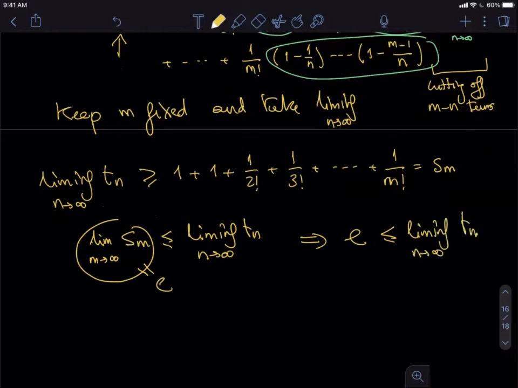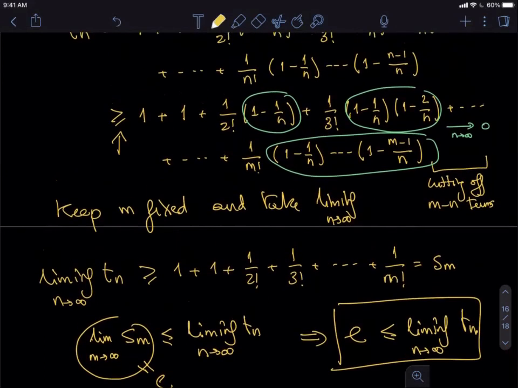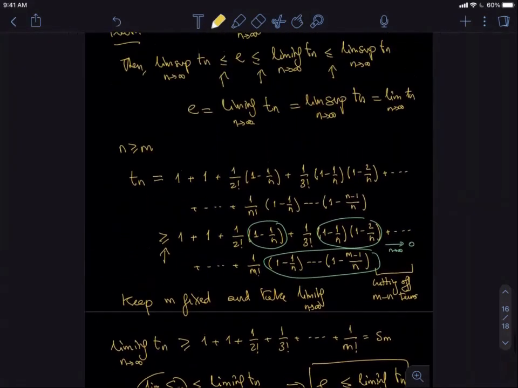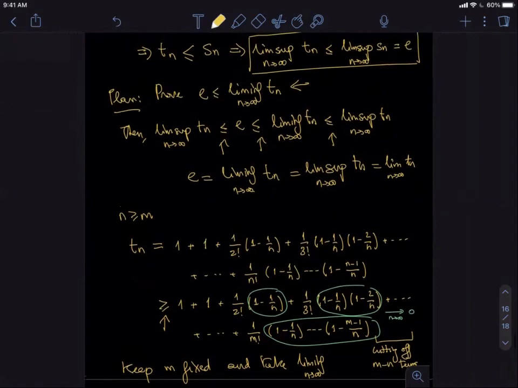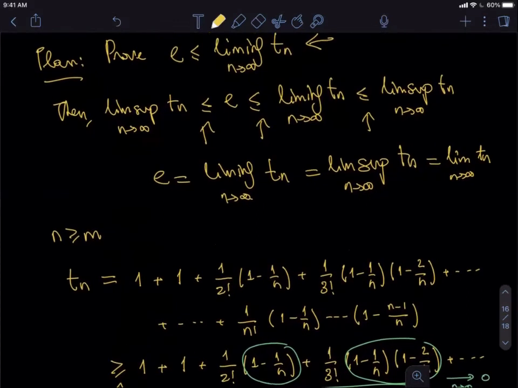And that was the other half of the result. Remember, I wanted to prove that E was less or equal than the lim inf, because that makes a sandwich: the lim sup on the left, the lim inf on the right, and E in the middle. This is a very common technique.